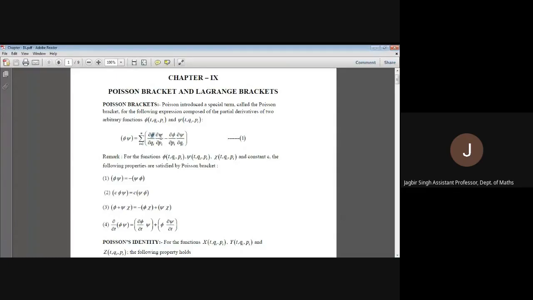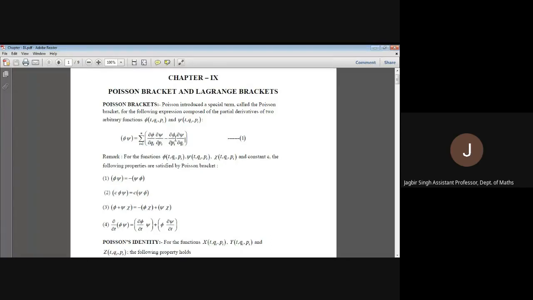After that, there will be ∂/∂t of [φ, ψ]. It will be the Poisson bracket of the partial derivative of φ with respect to t and ψ, plus φ and the partial derivative of ψ with respect to t, its Poisson bracket. What will happen? [φ, ψ] can be taken from equation number 1. And now find out the partial derivative of the right hand side.